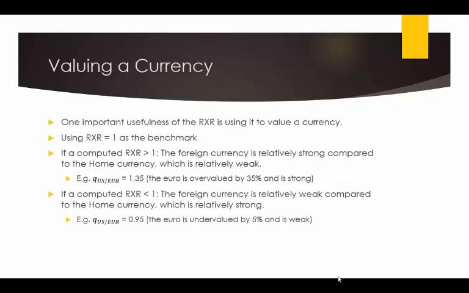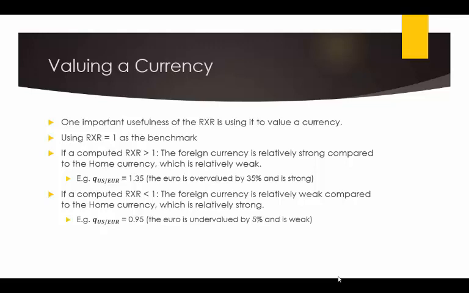Thinking intuitively about why an identical basket of goods should have the same value across countries, that is, that the real exchange rate should be equal to 1, it is straightforward to see how the real exchange rate can be used to value relative strengths of a currency.